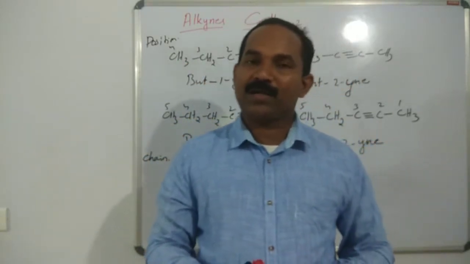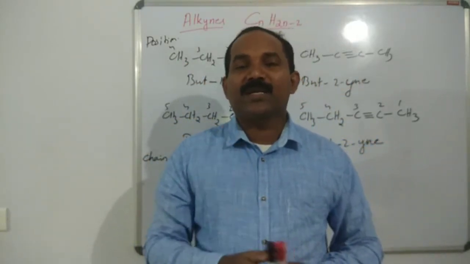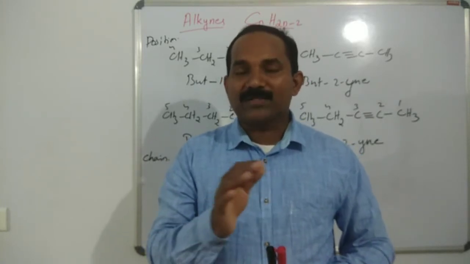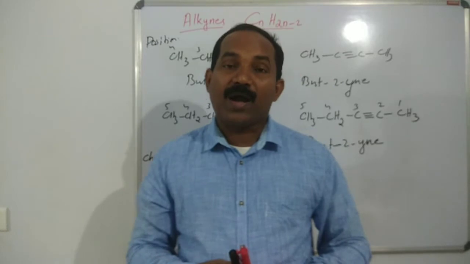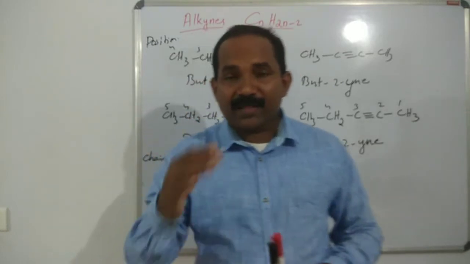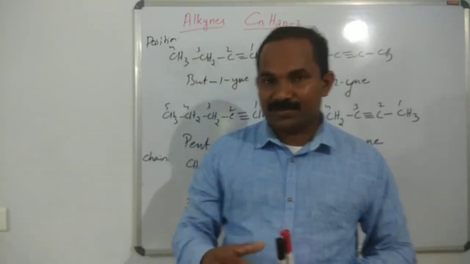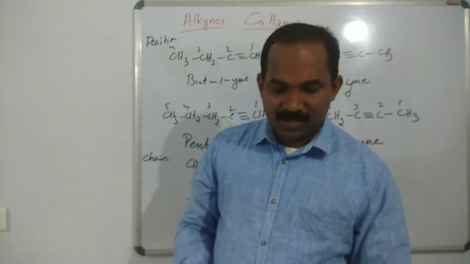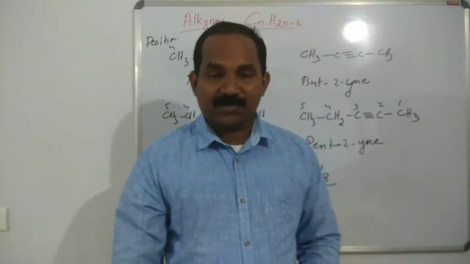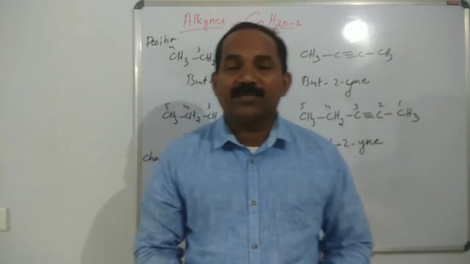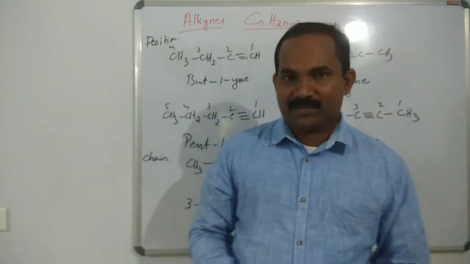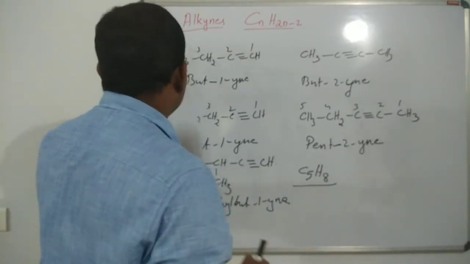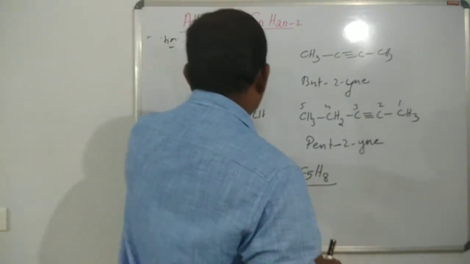Structure of the alkynes. This is already studied in the 4th chapter. Anyway, we just discuss what is the structure of alkynes. Alkynes have linear structure. And the alkyne carbon atoms are sp hybridized. Okay, let's discuss the hybridization and the structure.